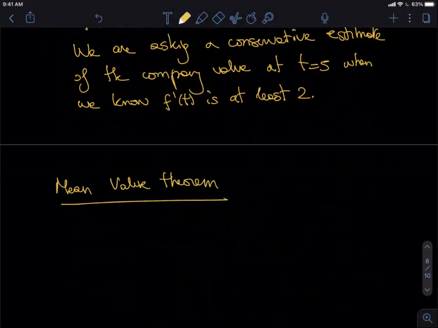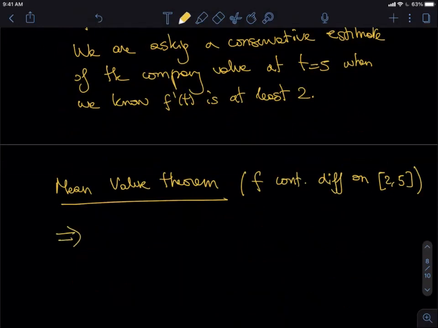So what does the mean value theorem say? Remember here, I will say it again, f continuous, differentiable on a closed interval 2 to 5. That we always need to check. This is the reason why I thought about the mean value theorem, actually.